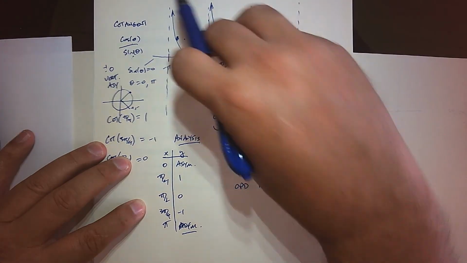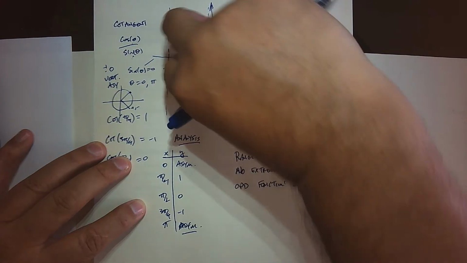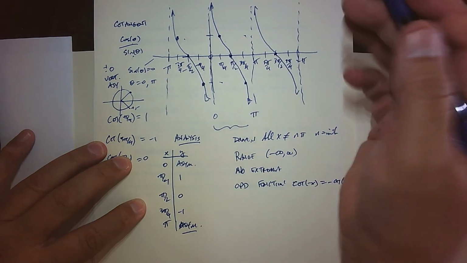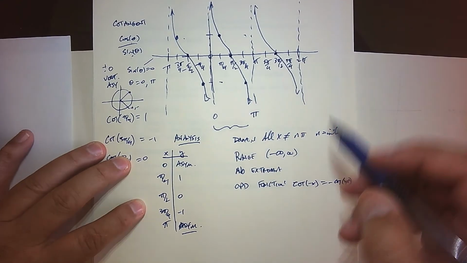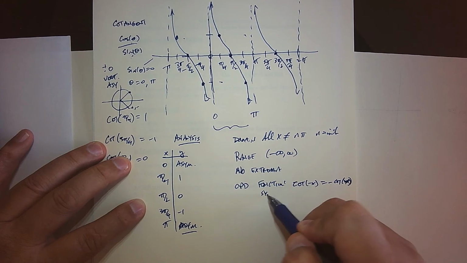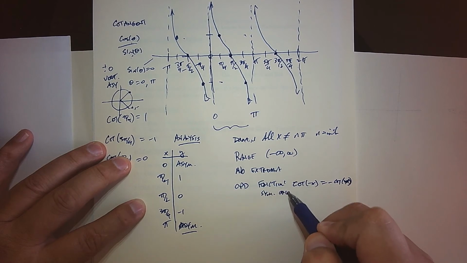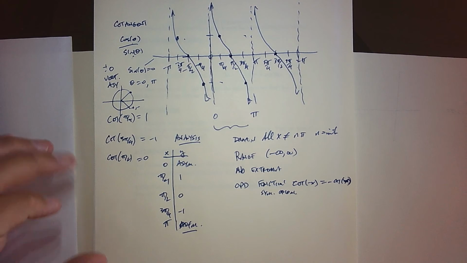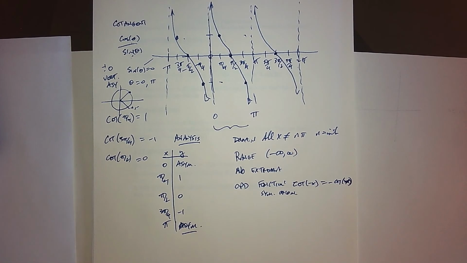So it is symmetric. Or if you just thought about taking this graph and rotating it around the origin 180 degrees, which is technically what's going on, we are symmetric about the origin. So this makes it an odd function. So we got that, no extrema, we got domain, we got range, we have the fact that it's an odd function, all that other really good stuff.